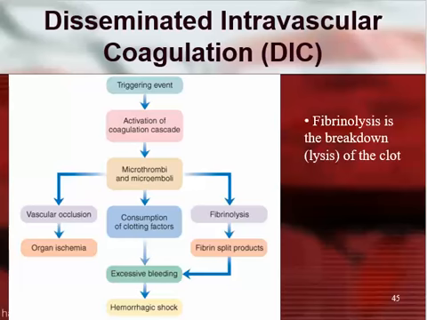Anything that can cause inflammation of the blood vessel can release tissue factors, which activates this whole coagulation cascade, especially the extrinsic pathway. And what you end up with is prothrombin becoming thrombin, which makes fibrinogen become fibrin, which causes clots to form.